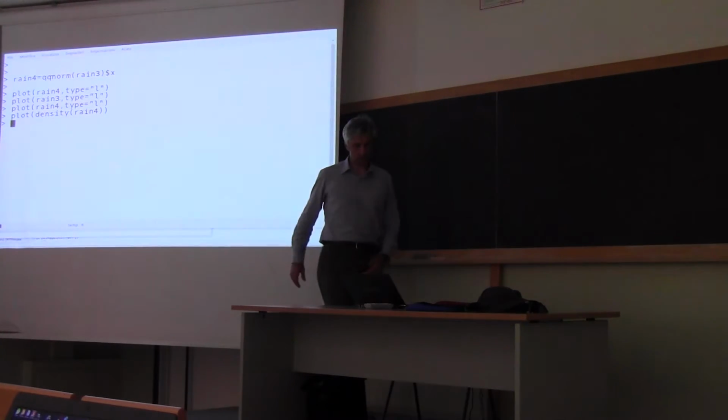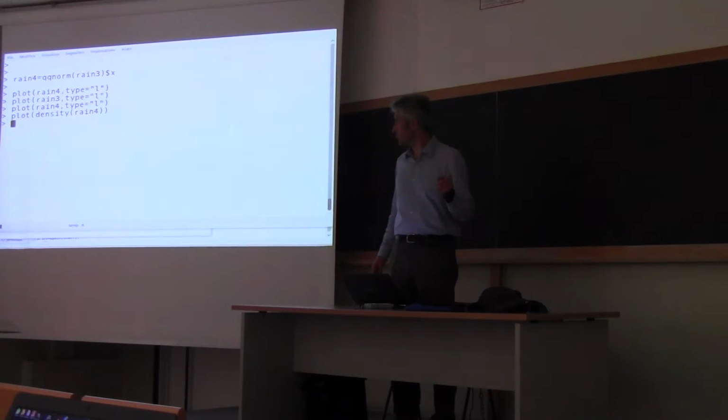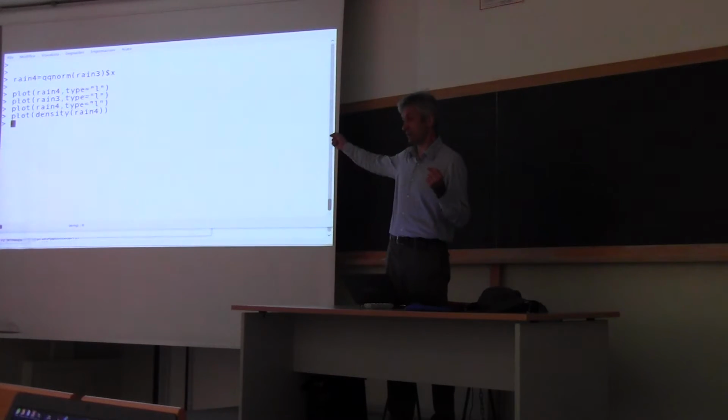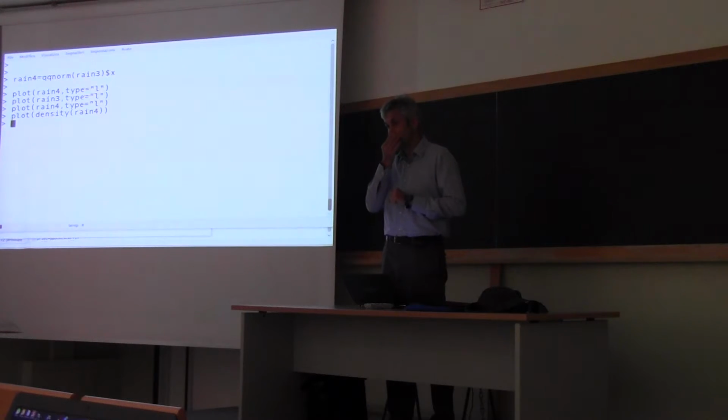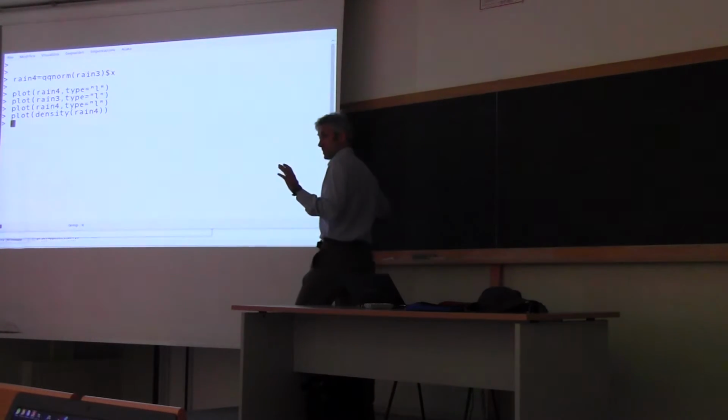Okay, now, what should we do? You remember that we should subtract from this data the average and divide by the standard deviation. In order to standardize the data, this is what we have to do for computing the SPI.